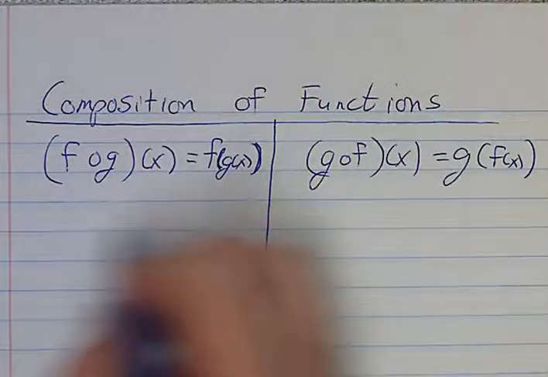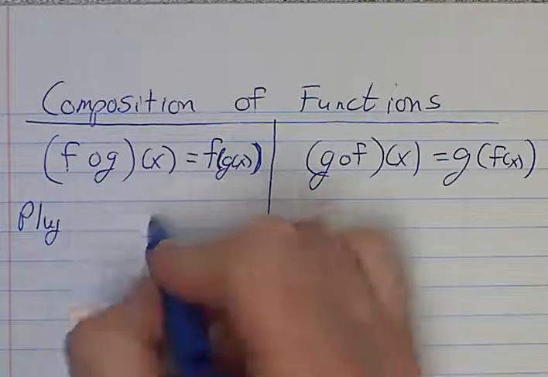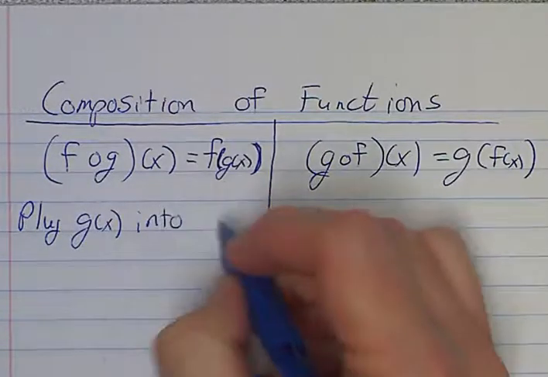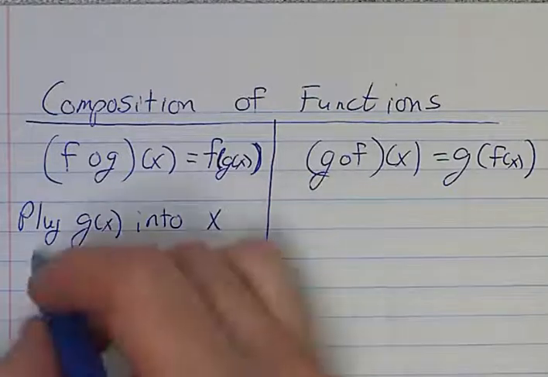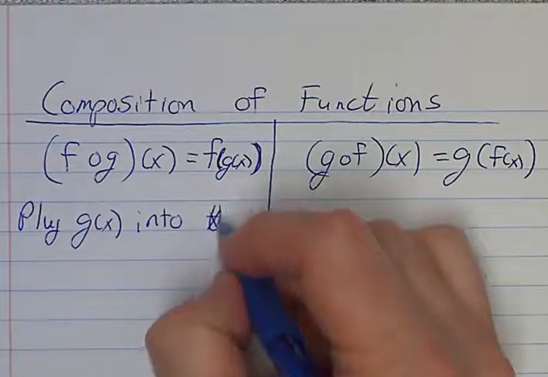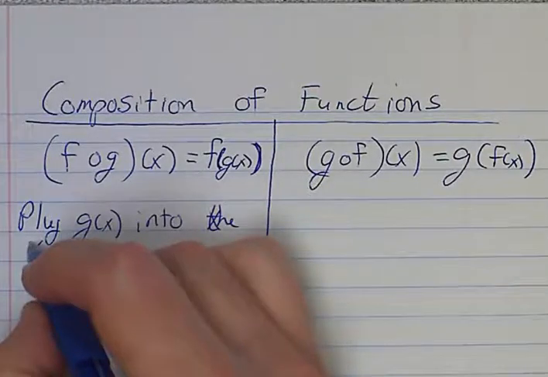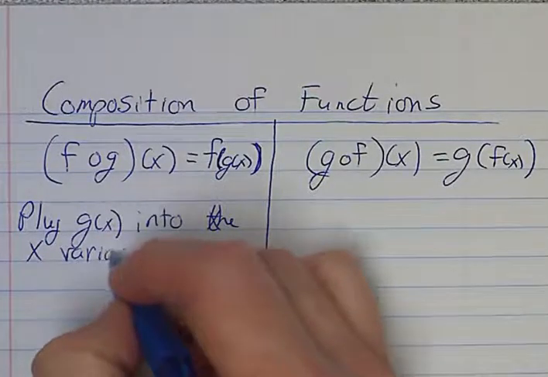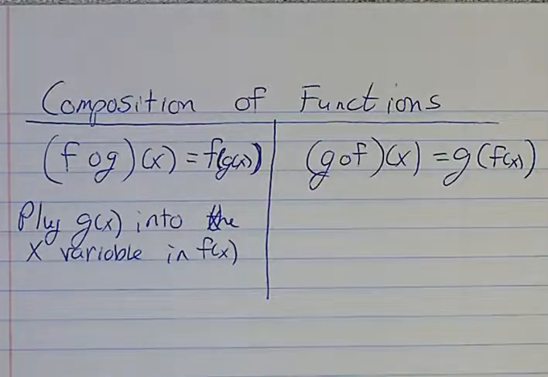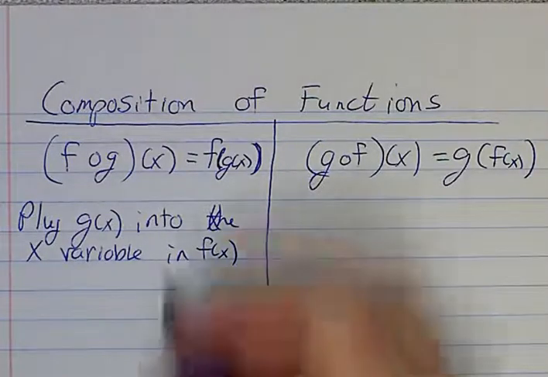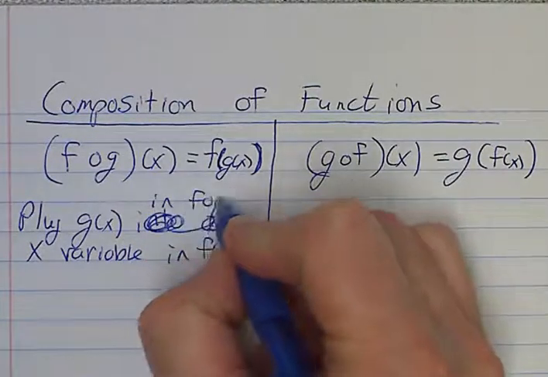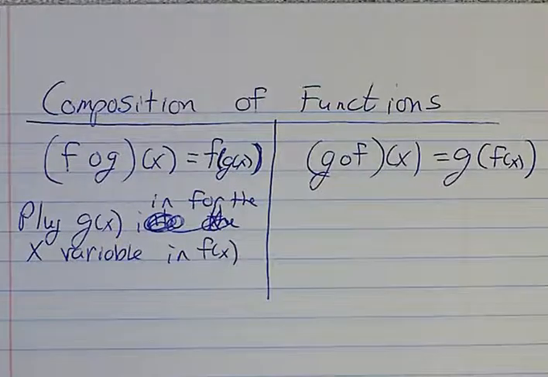But basically for this one, you're going to plug the inner function, g of x, into the x variable in f of x. So we're going to take g of x and plug that in for the x variable in f of x.